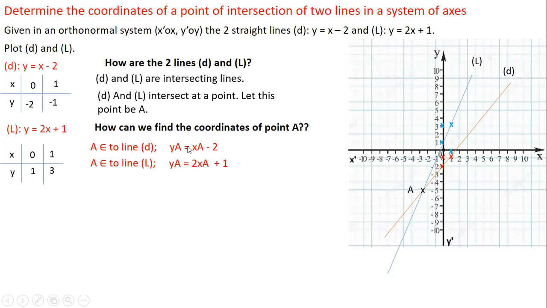What do you see in both equations, guys? If we look at the first equation and at the second equation, YA equal XA minus 2, YA equal 2XA plus 1, what do you notice from both equations?